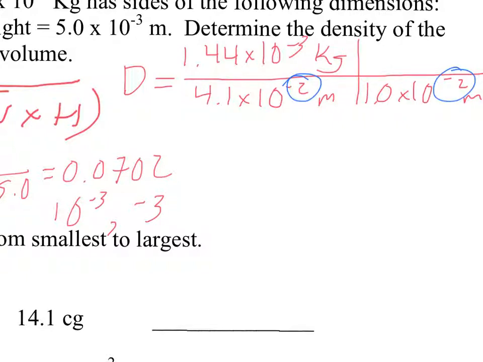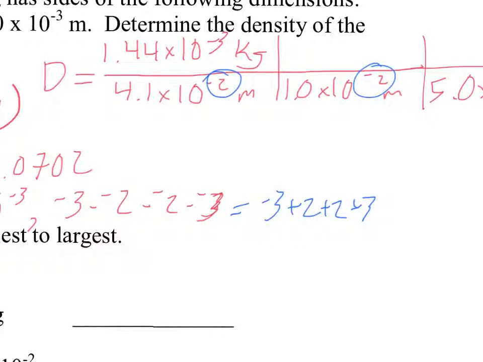So we had negative 3 minus a negative 2, minus a negative 2, and minus a negative 3. That's the same as minus 3 plus 2 plus 2 plus 3, which is equal to plus 4.